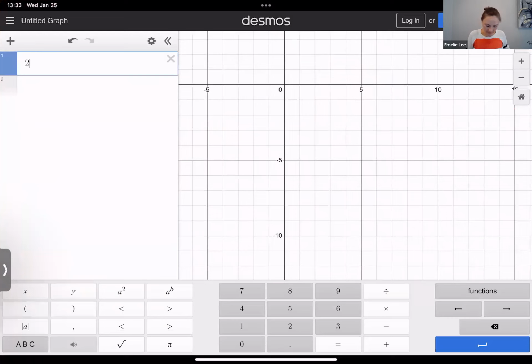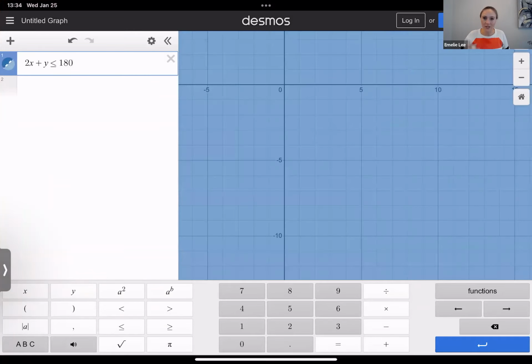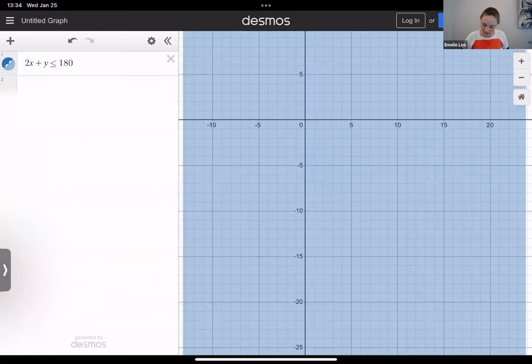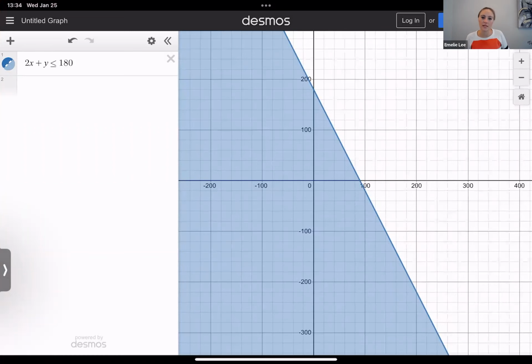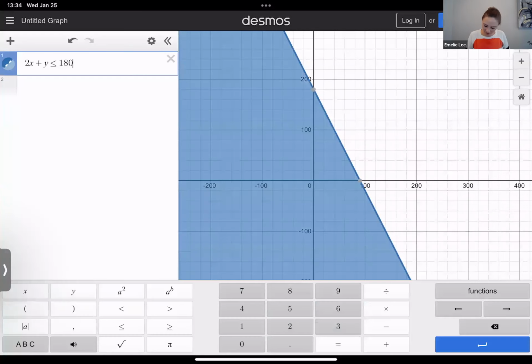Notice that it shades it because it's an inequality. We're going to have to zoom out a bit, because 180 is quite large. So far, so good.